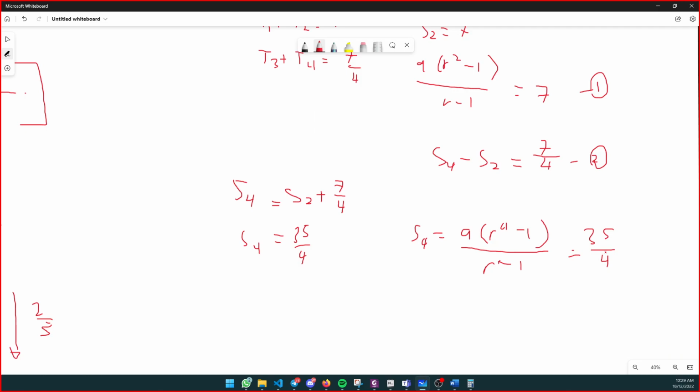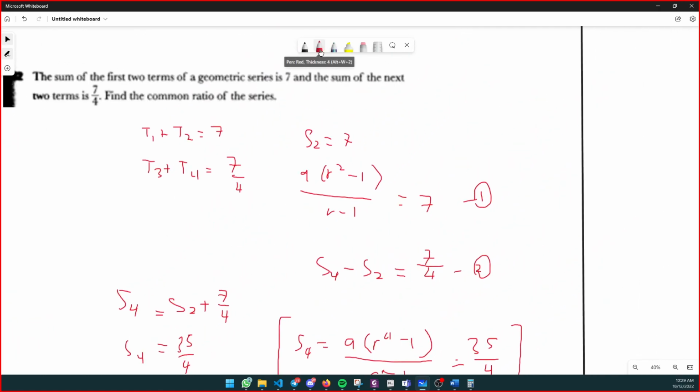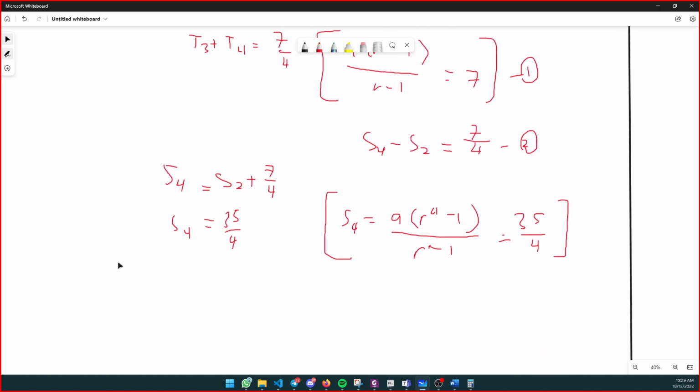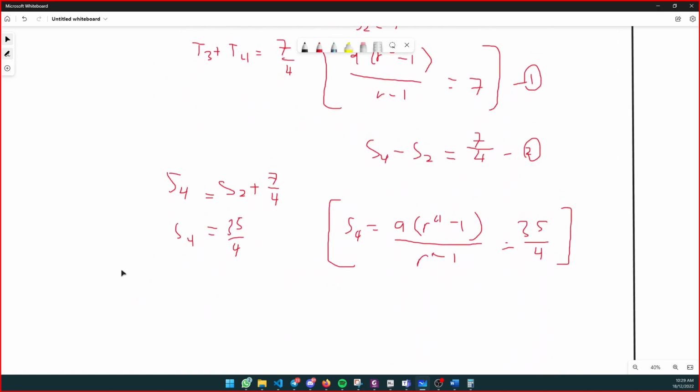From this equation, I can have two things ready. I have this part, S4 equals this much, and I have this also. What can I do with this?